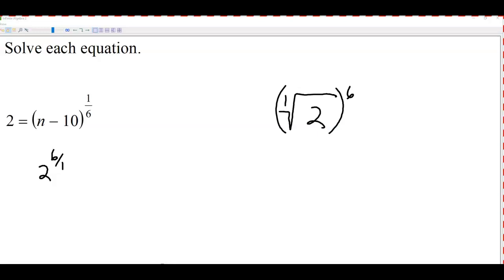Because what I said here is 6 over 1, what is that? That's just 6. So it's easier just to do that. Okay, but this works. I'm looking for groups of how many? 1. So the answer is just 2, right? It's still 2 to the 6. That's why I say for this one, don't bother with that.